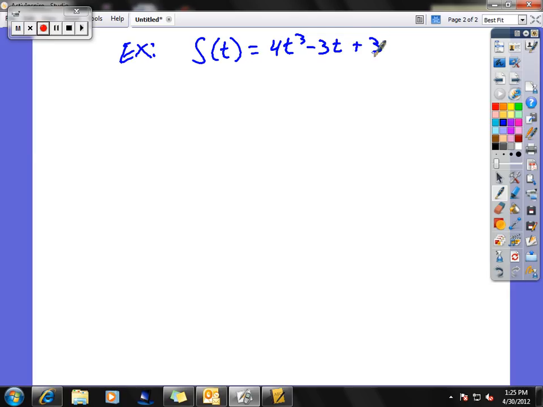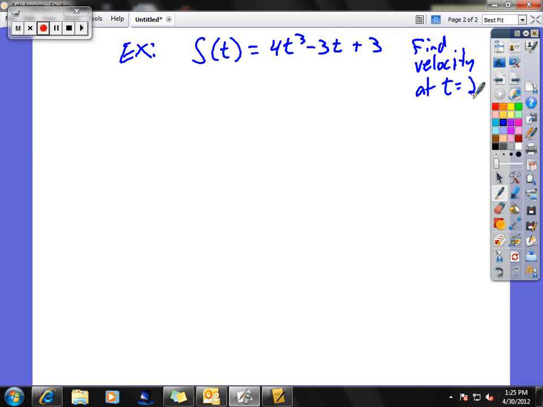Alright? We want to know the velocity at t equals 2. So find velocity at t equals 2.